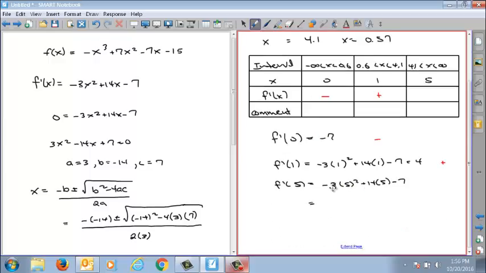So that's 25 times -3, which is -75, plus 5 times 14, which is 70, minus 7. So we get -82 plus 70, so that's -12. So that's negative. So the comments are decreasing, increasing, decreasing.